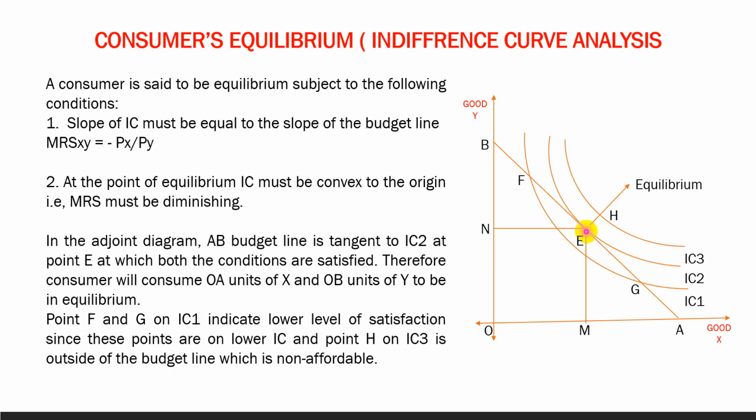Now obviously a question may come: why not any other point on IC2 other than E, when all the combinations on an IC give the same amount of satisfaction?